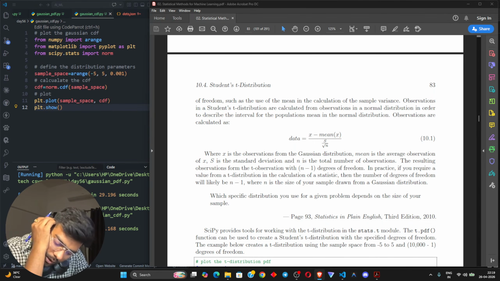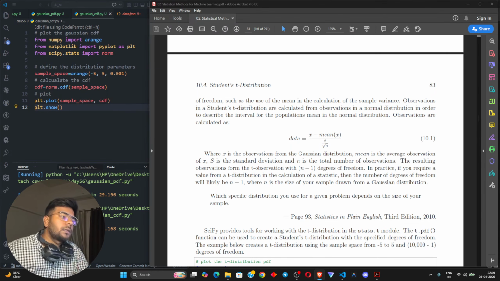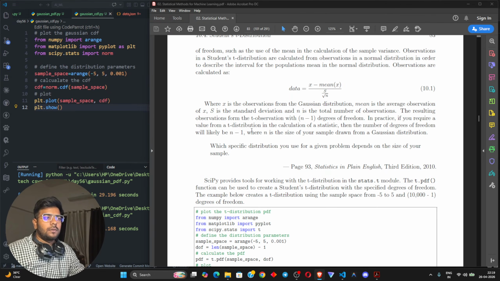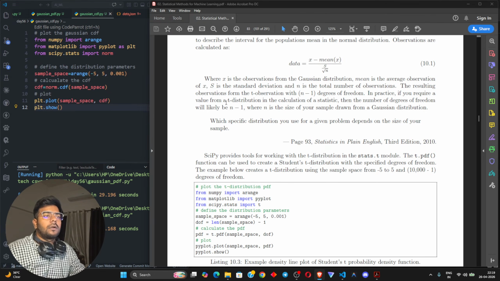Data is equal to x minus mean x upon s upon root n, where x is the observation from the Gaussian distribution, mean is the average observation, s is the standard deviation, and n is the total number of observations. n क्या है? टोटल नंबर ऑफ ऑब्जर्वेशन.